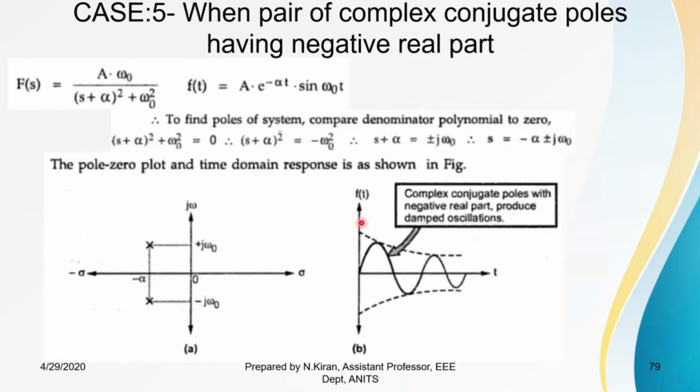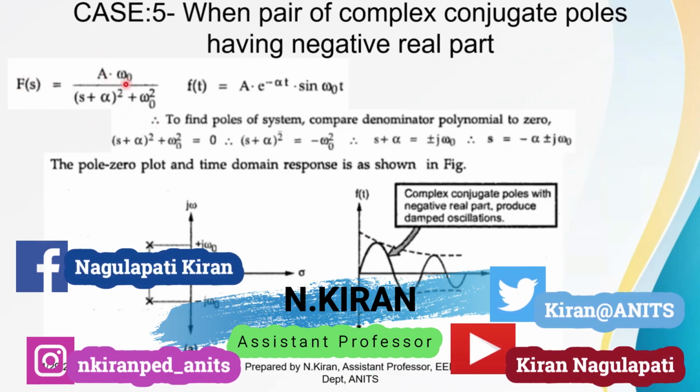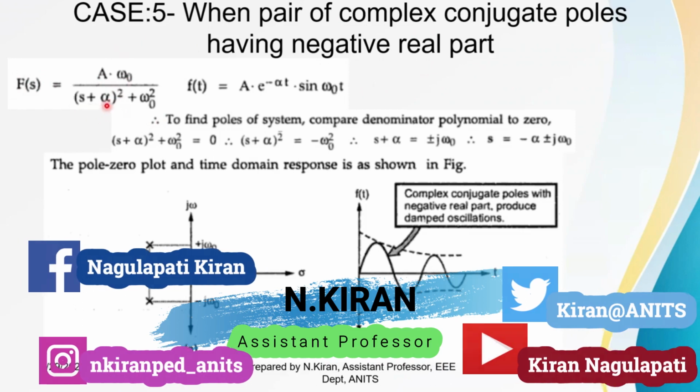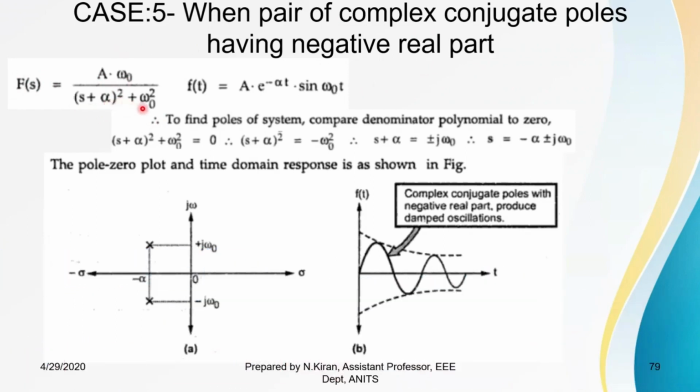The fifth case is when the pair of conjugate poles have a negative real part. That is, if the expression is in the form of some constant A into omega by S plus alpha whole square plus omega square. Here the complex conjugate has some real part, because if I plot this on the S plane, the S value will be minus alpha plus or minus j omega.